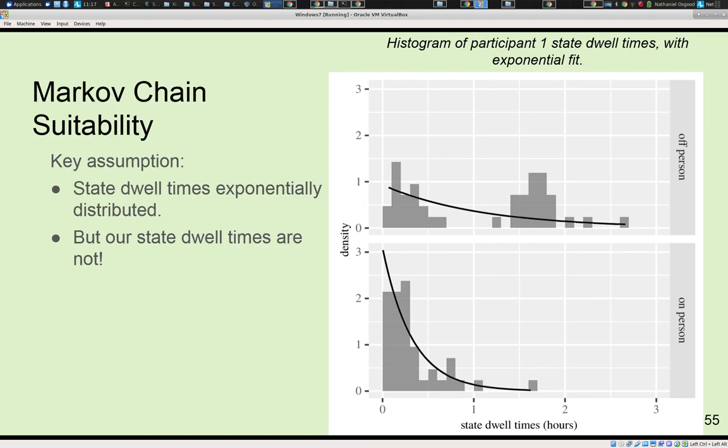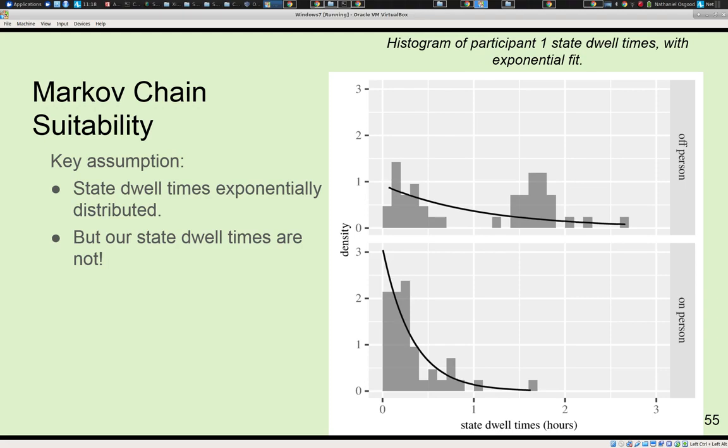So with the memoryless assumption comes an assumption that the dwell time is exponential or geometrically decreasing. That's what's shown here. The idea is, if I consider collectively on-person states versus off-person, what's the chance that, if it's on-person, it will stay on-person versus off-person?